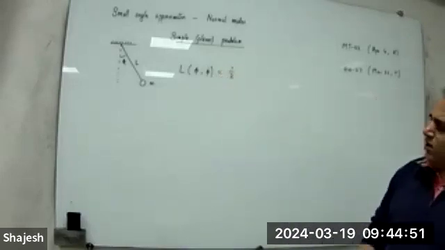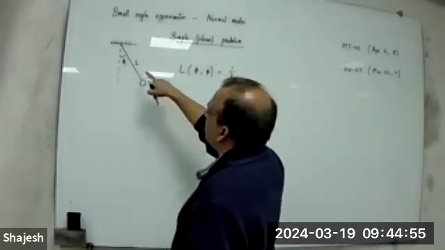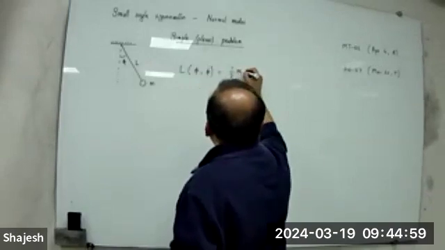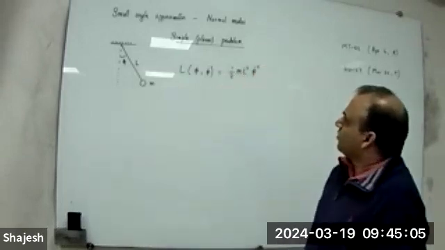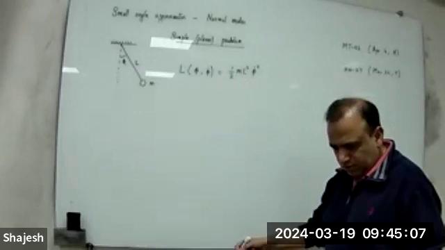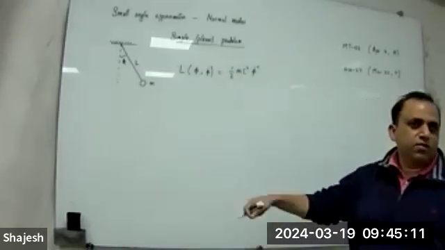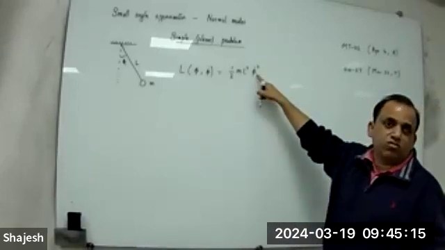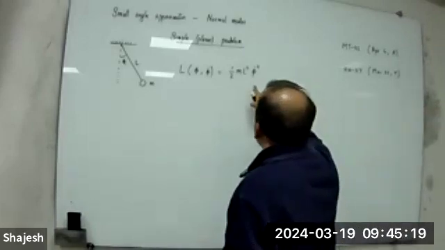It is moving on a circle of radius L, so the kinetic energy is half m L squared phi dot squared. Velocity in circular motion is the radius times the angular speed. It doesn't mean that the angular speed is constant at all. It could change. So that's your kinetic energy.